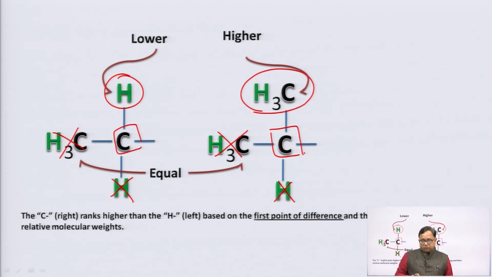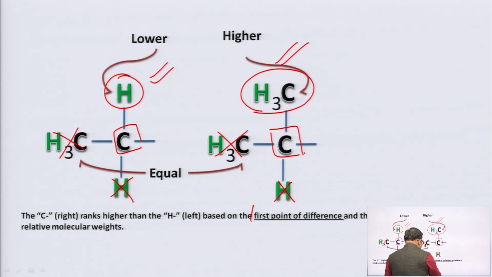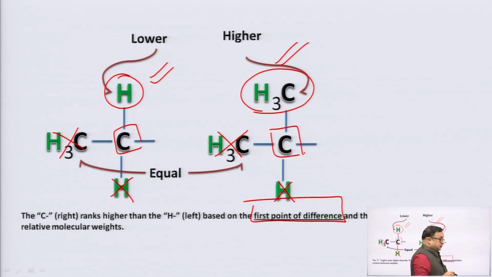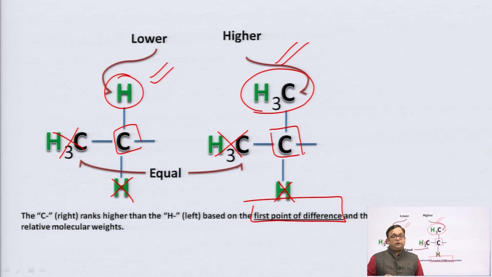Obviously, methyl has the higher priority as compared to the hydrogen. So, this will have the higher priority, this will have the low priority. We have to find out the first point of difference and their relative atomic number. In case they are isotopes, then we have to look for the atomic weight.